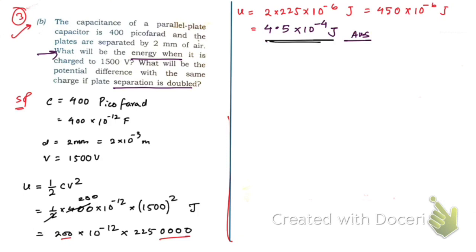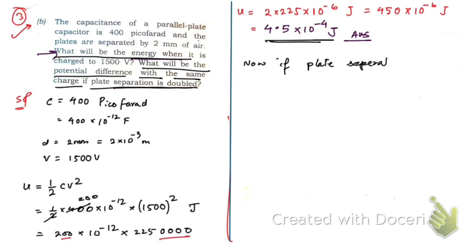Now let's move on to the next part. This is the answer of the first part. Energy we have got. What will be the potential difference with the same charge? Okay, the charge is the same. What will be the potential difference if plate separation is doubled? So now, if plate separation is doubled, initially it was D, now it becomes, suppose, 2D, right?